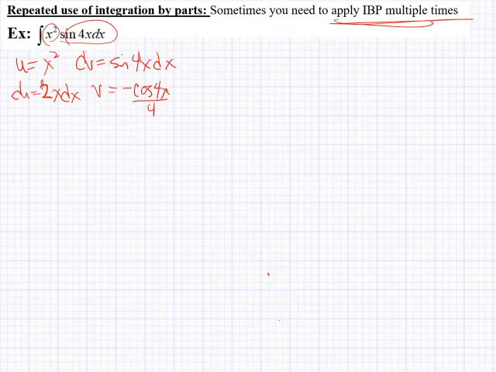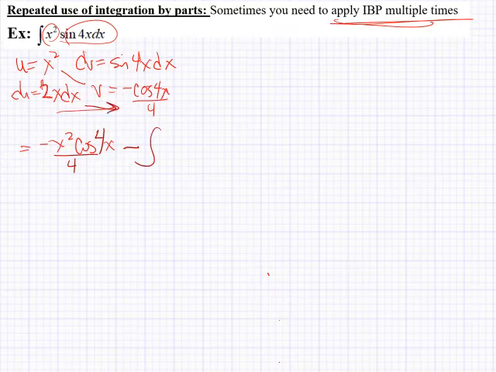So then what I'm going to do is create my u times v minus my v du. And so what I end up with here is minus x squared cosine 4x over 4 minus the integral of v du.